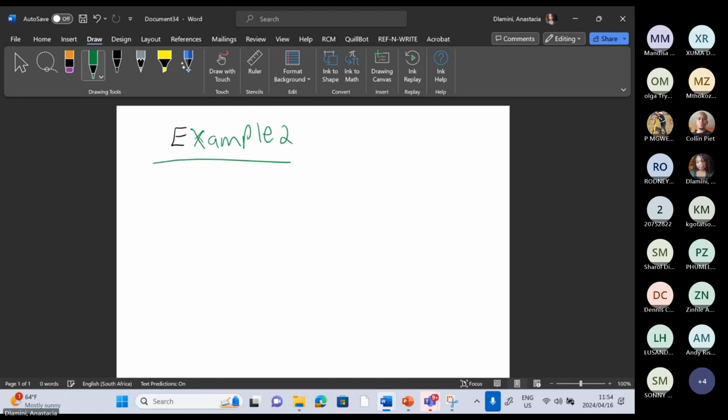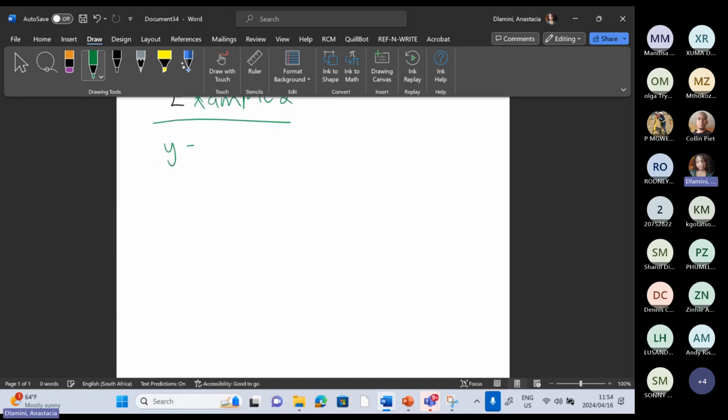Now with example 2, you have y is equal to arc cos 2x, and they ask you to find dy over dx. Can you please tell me dy over dx of arc cos of a function is equal to what?